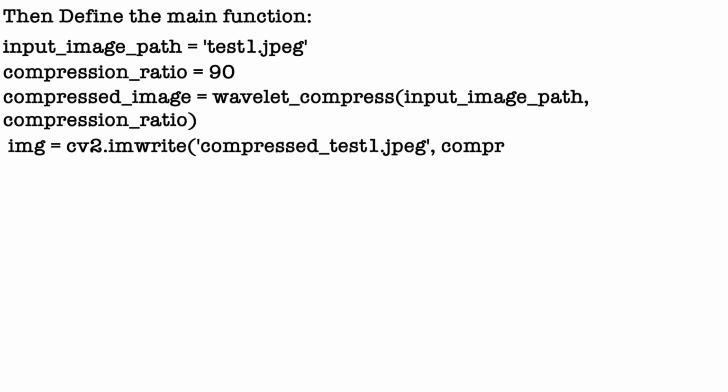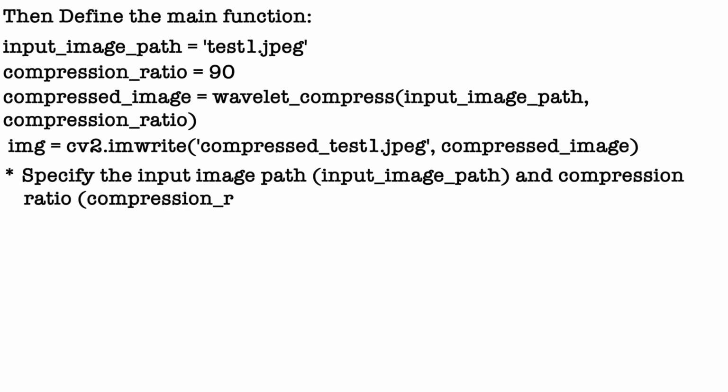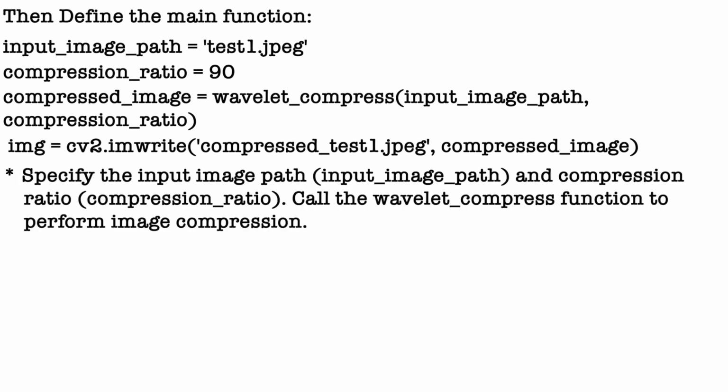Then image equal to cv2.imread of the test1 file in JPG format, and then compressed image. It specifies the input image path and compression ratio.